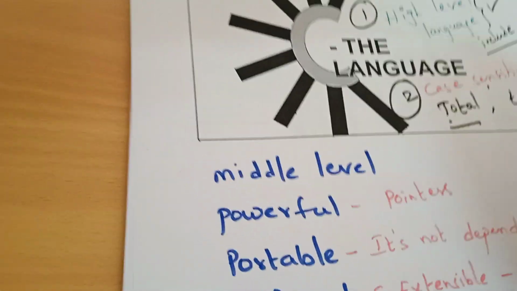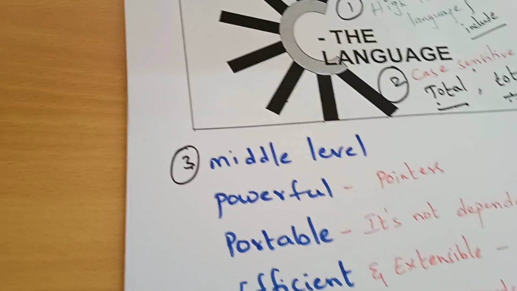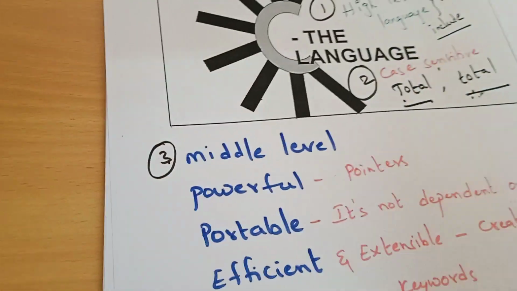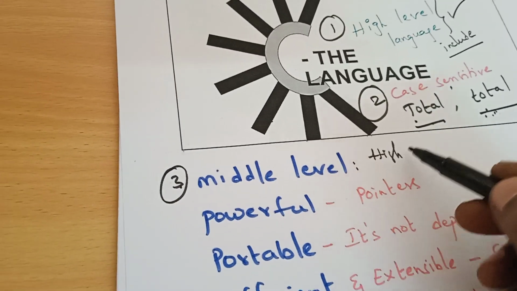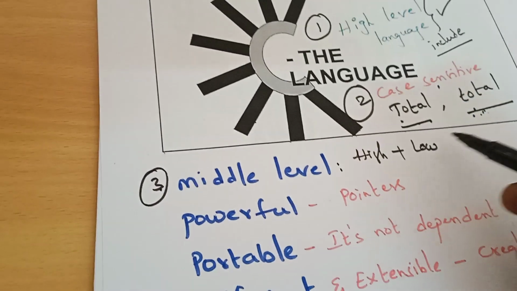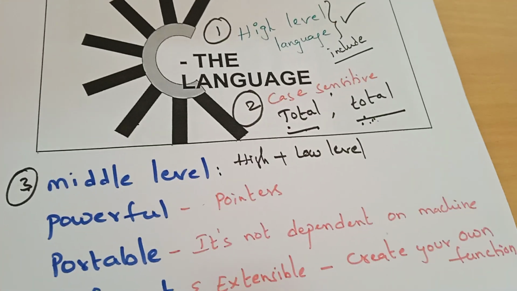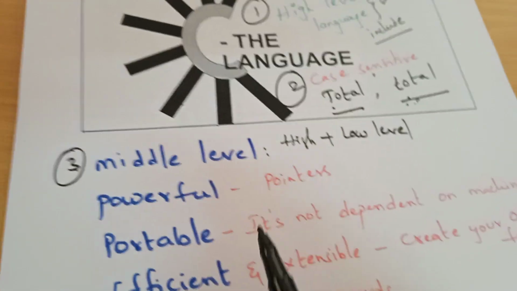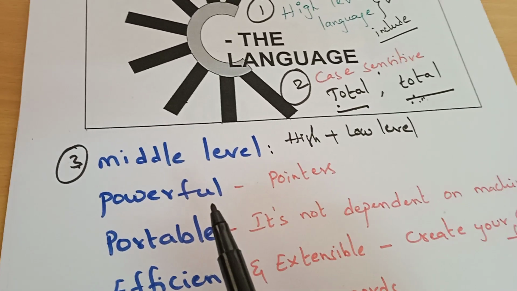And the third feature is middle level. C is a middle level language, that is, C is a high level language with low level features, and C is a powerful language.